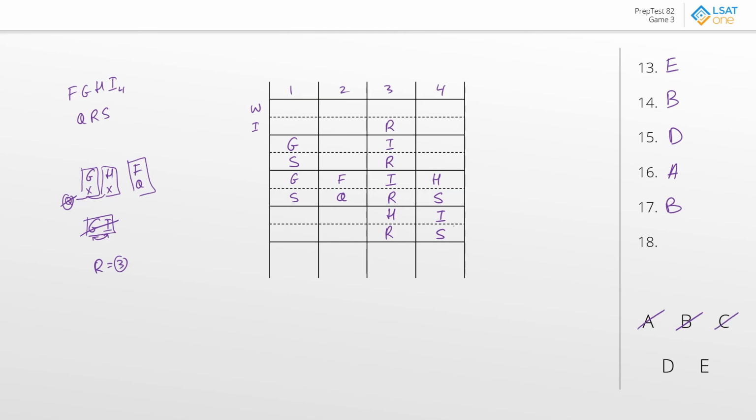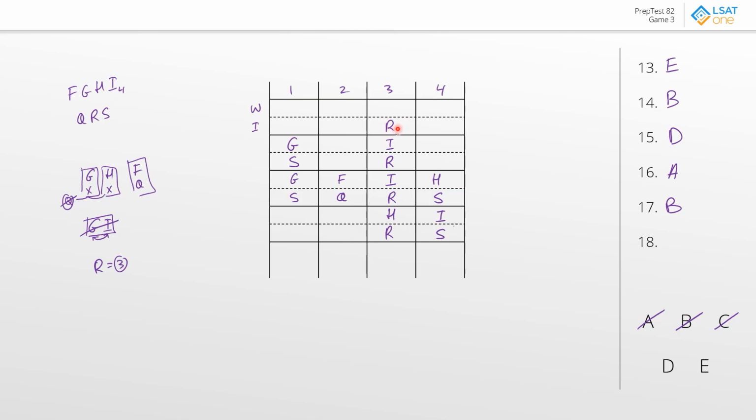Next, D, H is immediately before F. Could we have H right before F? Now, we haven't seen that happen yet. So let's just play it out. We don't really have an opportunity for that here yet. So if we have H immediately before F, well, we know F could never go third. But then wait a minute.